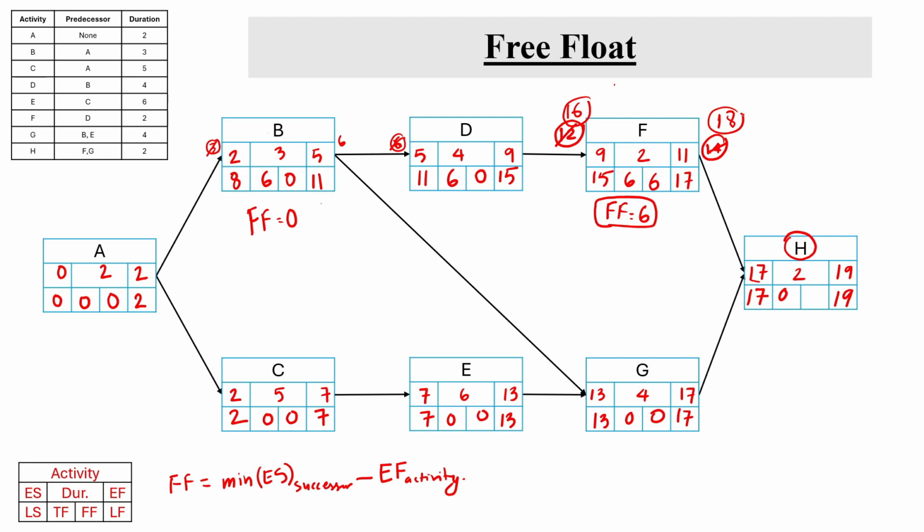Then its finish day is the end of day 18. So this is going to affect the early start of H. That means the free float of 6 means that the activity F can be delayed by 6 days without affecting the early start of the next activity H. If this activity gets delayed beyond that free float, then it's going to affect the early start of the next activity.